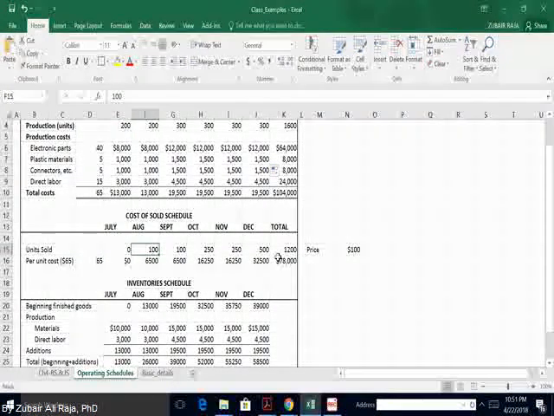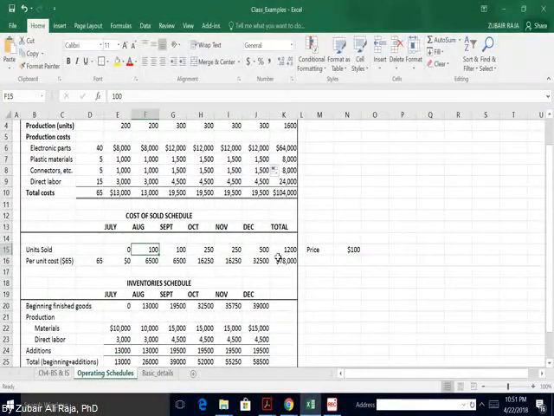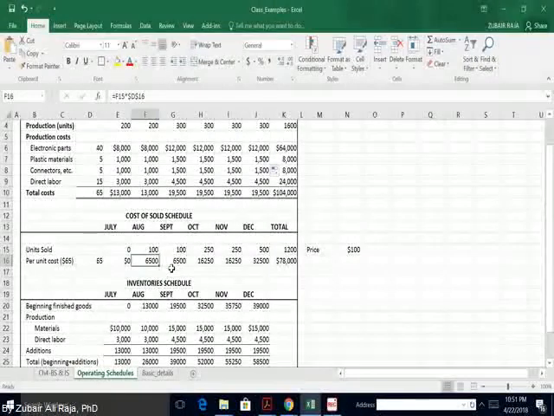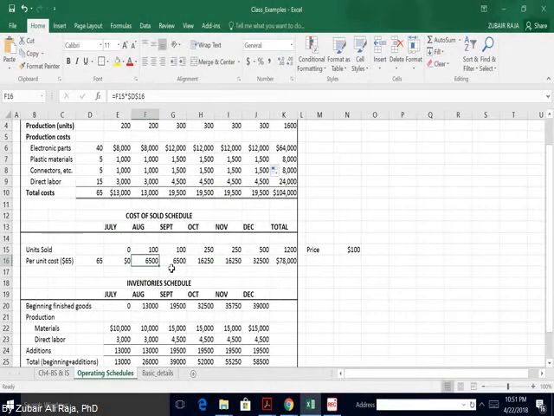In August, the company received an order of 100 scanners which they sold, and 100 multiplied by 65 will give you 6,500. So the cost the company incurred on those 100 units which are sold is 6,500.